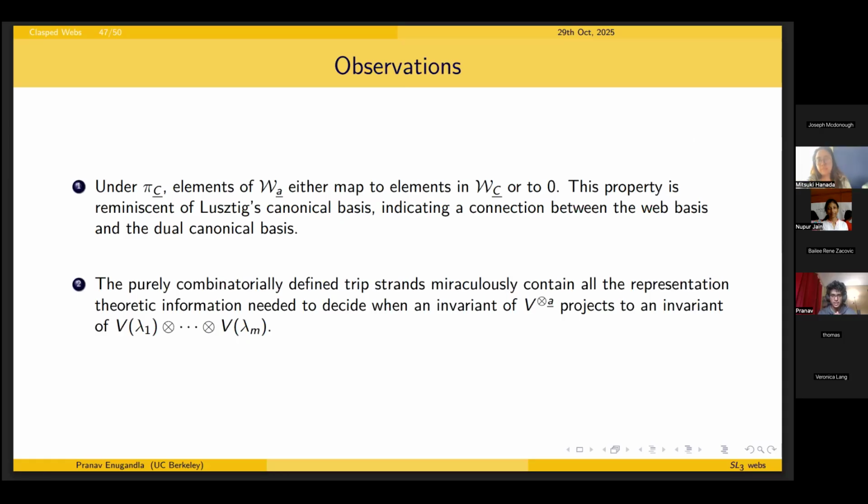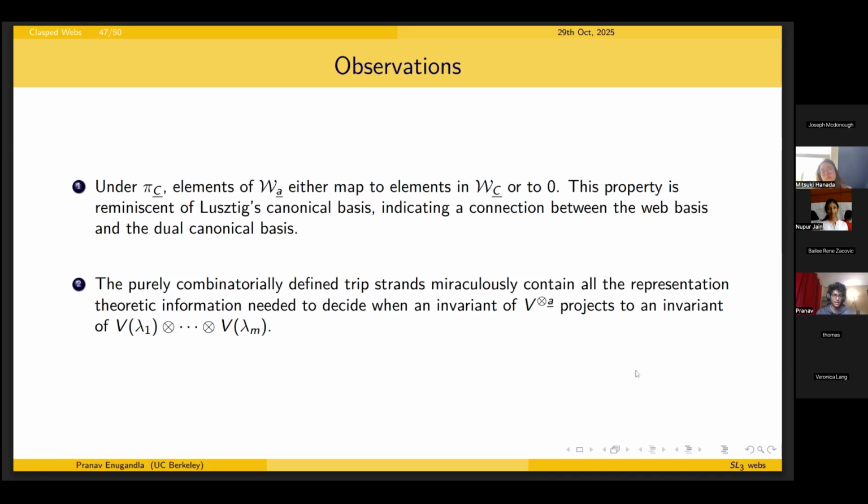The other observation from the theorem is that there's this condition about trips. As long as you don't have trips that return to a clasp, then you're non-convex. So somehow these very combinatorially defined trip strands, which a priori have nothing to do with Lie theory.